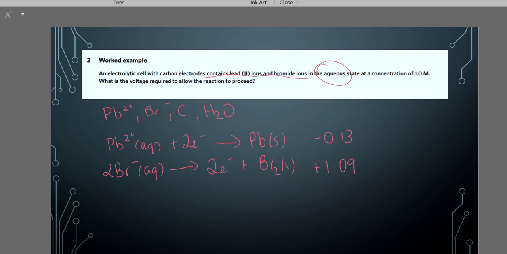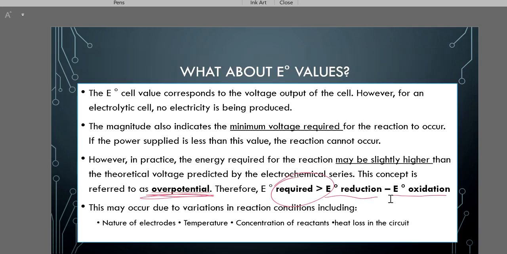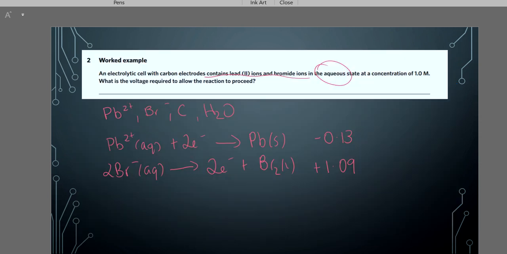And what I want you to look at is just go back. It's the same sum as we've done for all of our potential differences, so it doesn't make any difference. You should get, though, a negative value because we're not producing a spontaneous reaction here. We are requiring energy. So how much energy is required? Negative 0.13 minus 1.09 we're looking at here, and we get a value of negative 1.22 volts.